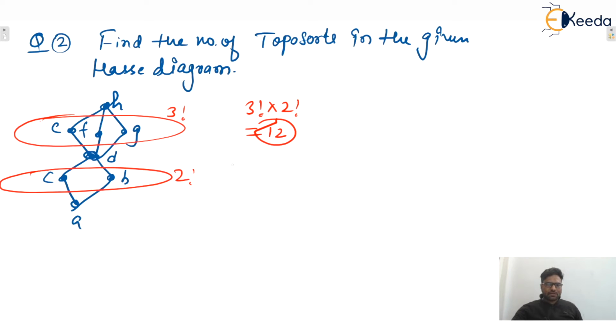Like first one, let's say A, then C, then B, then D, then E, then F, then G, then H. Similarly, you can write down A, C, B, then D. Then in 3 factorial ways this can be permuted, and H. First, E, F, H, or F, E, H, or G, F, E. So 3 factorial, in 3 factorial ways we can permute these. So 6 will be there.